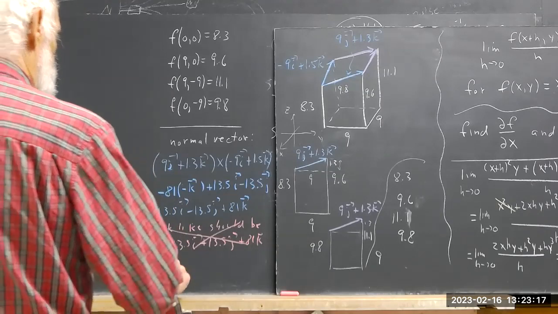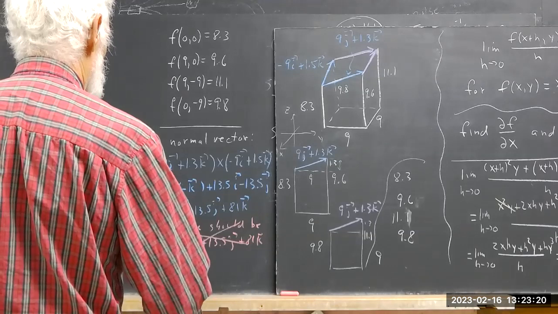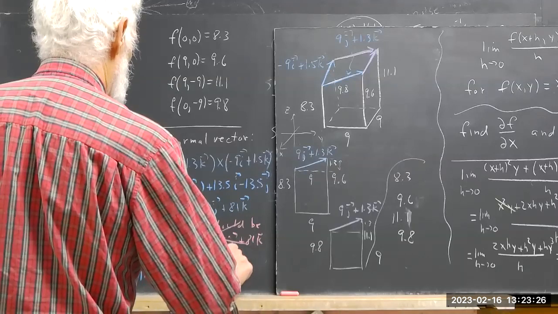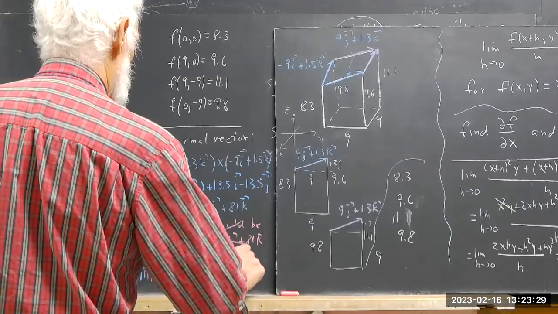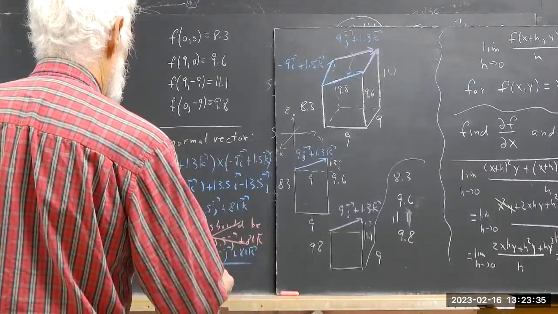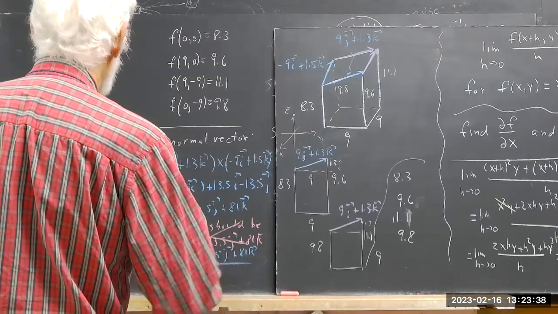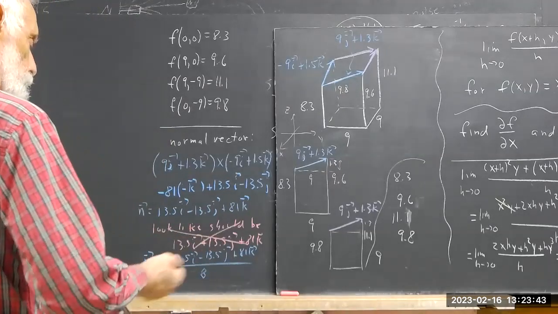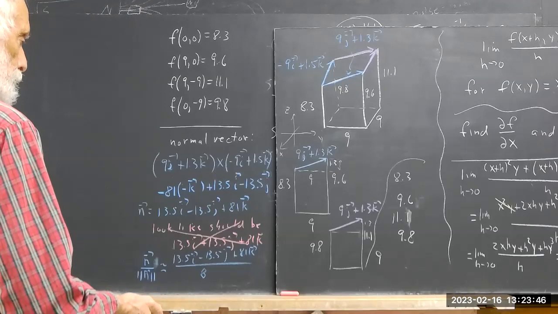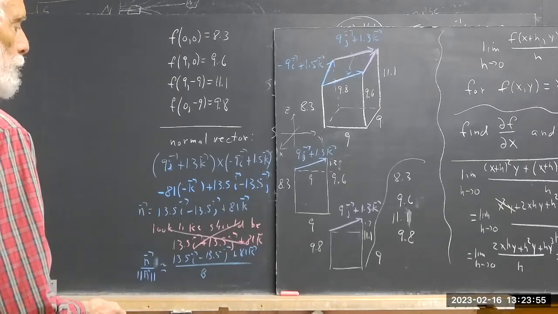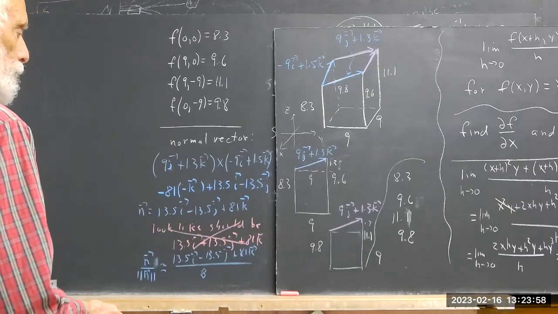N over magnitude of n is going to be approximately 13.5 I minus 13.5 J plus 81 K over, I'm estimating, about 84 or 85. Is that right? Square that, you get about 6,400. Those two go together, give you about 20 squared, you get 400. That seems right.